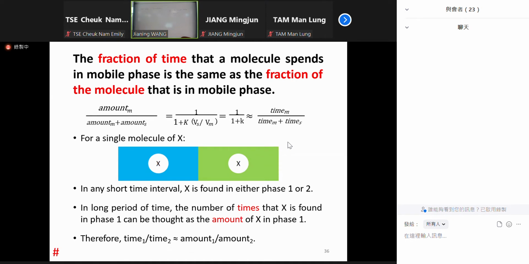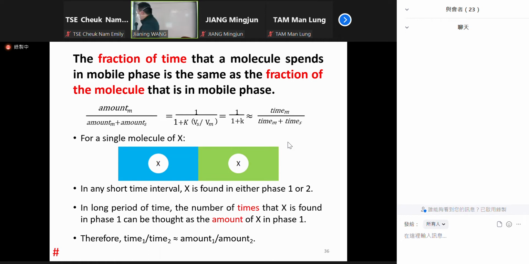If you have many X, when they arrive at the equilibrium state, they should have the same partition distribution, a certain distribution portion, just like when you measure X many times, because the partition property is determined when those two phases are unchanged. It is only determined by the X itself.